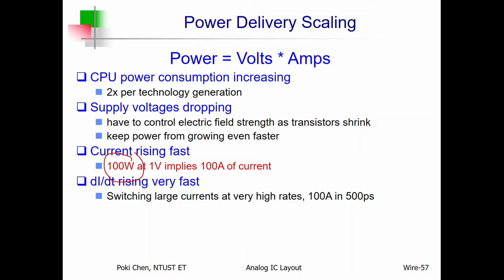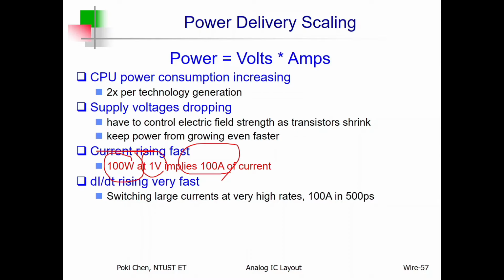Wow. Because, as I mentioned, nowadays the core voltage for such powerful chips is usually less than 1 volt. It means the current is more than 100 amperes. Wow, it's beyond my imagination. How about yours?